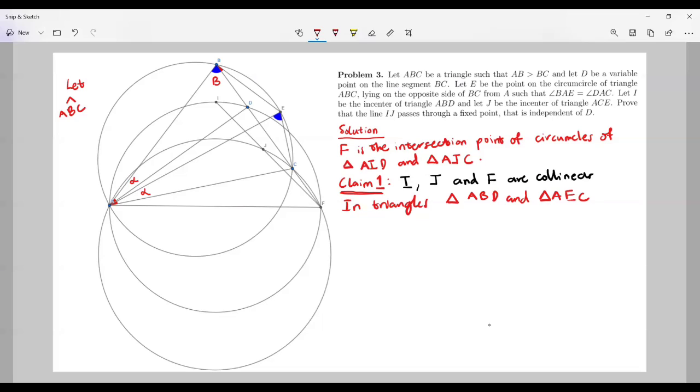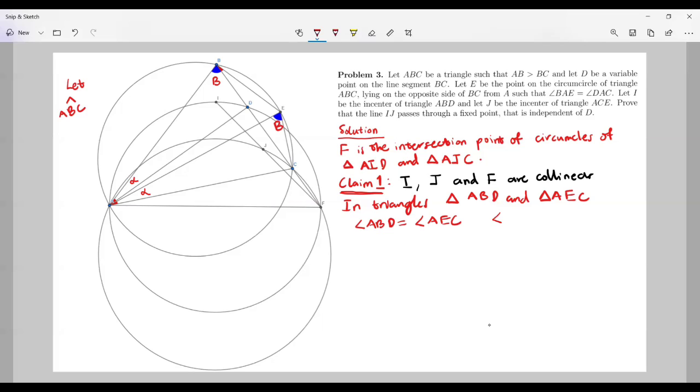First of all, angle ABD is going to be B. Now angle AEC is also B. Why? It is the angle subtended by AC in the circumcircle of triangle ABC. So as a side note, angle ABD is equal to angle AEC. Already we have that the smallest angles in the two triangles are equal.